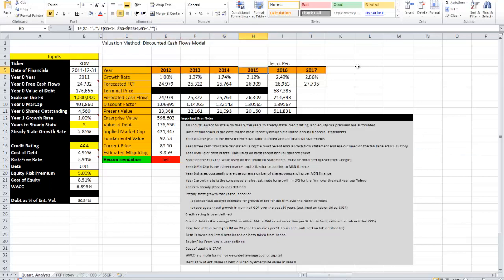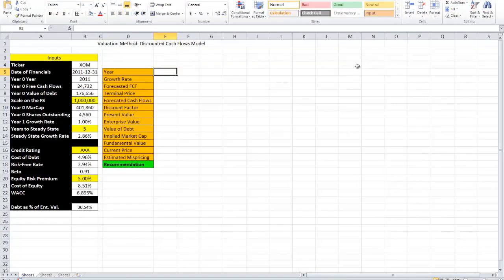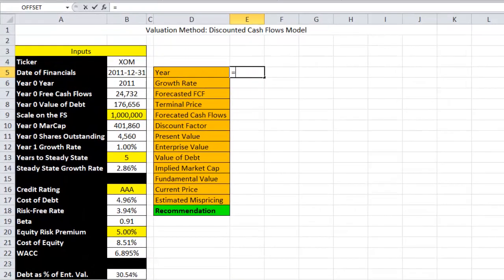So we want to just build a formula right here that will show us the year if we need the year. Here's how the formula will work to make that happen. Right here, it's very easy. We just take year 0, and by the way, year 0 will be the last year for which we have audited financial statements, and we add 1 to that.